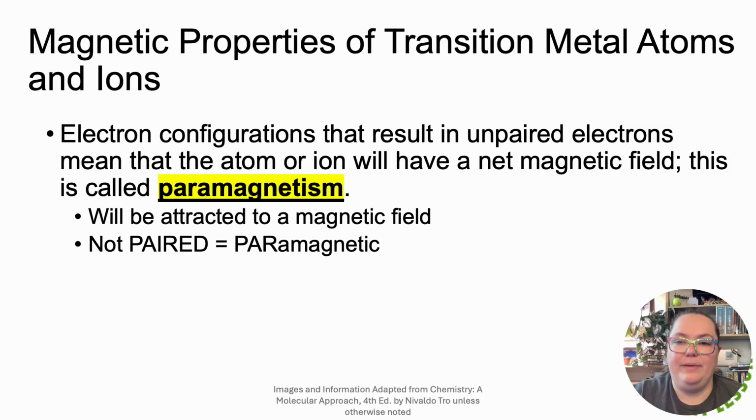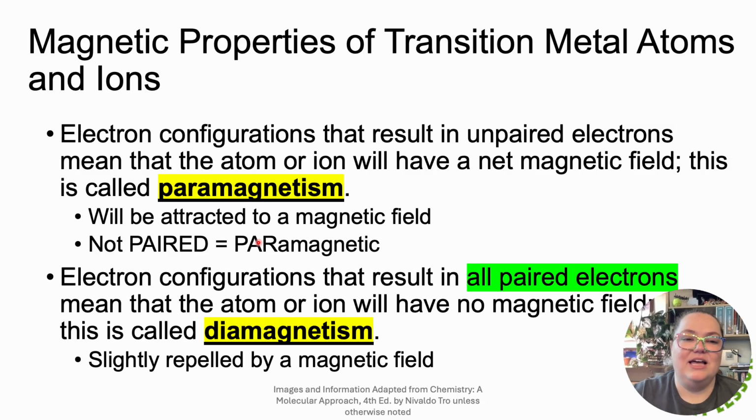We call that paramagnetism. So, they are going to be attracted to a magnetic field. Paramagnetic elements are magnetic. Not paired, paramagnetic. That seems a little backwards because we're saying not paired, but please put that in your brain.